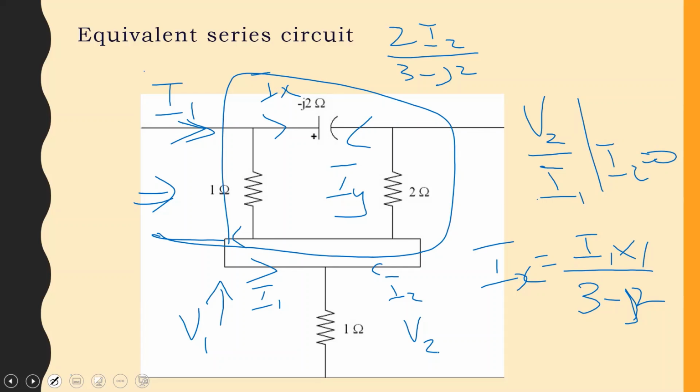With I2 equal to 0, meaning we have it open circuited, where would I1 flow? Through the 1 ohm resistor. So what is Z11? 1 ohm. Good. With that still in place, what is Z21?